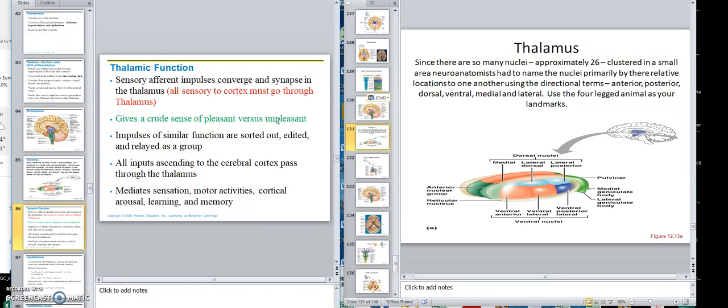Then the association area of the somatosensory cortex would interpret what it is. You just got cut with a knife, for example. Okay? All right. So impulses are sorted out, edited, and relayed as a group. All inputs pass through the thalamus, which mediates sensation, and so forth.